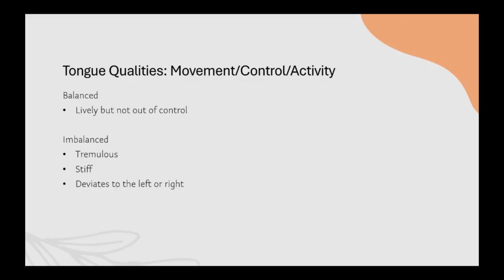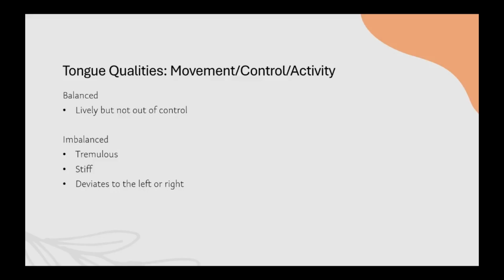And then we'll look at movement of the tongue. Again, the more you look at tongues, the easier it is to identify these qualities. But in health, the tongue is lively, but it's not out of control. Some people's tongue is just trembling.